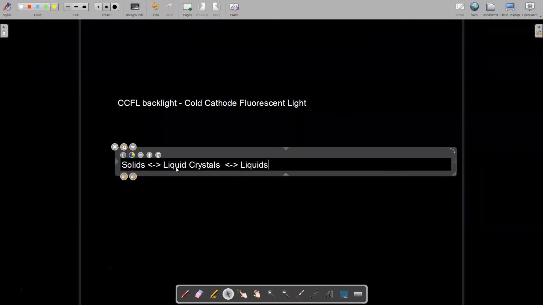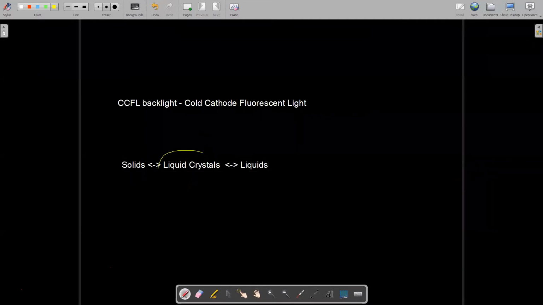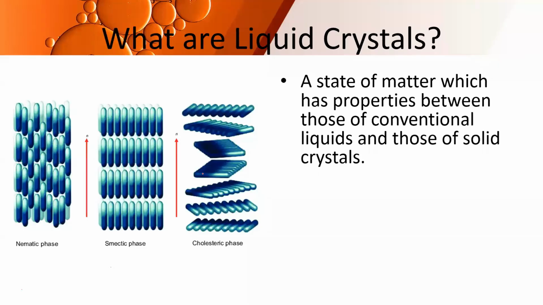So we have liquid crystal, which is a state in between solids and liquids. It has properties of both solids as well as liquids. It has molecules which can move freely to a certain extent, but they won't go very far from each other. And they have a property of aligning themselves if electric current or light passes through them.